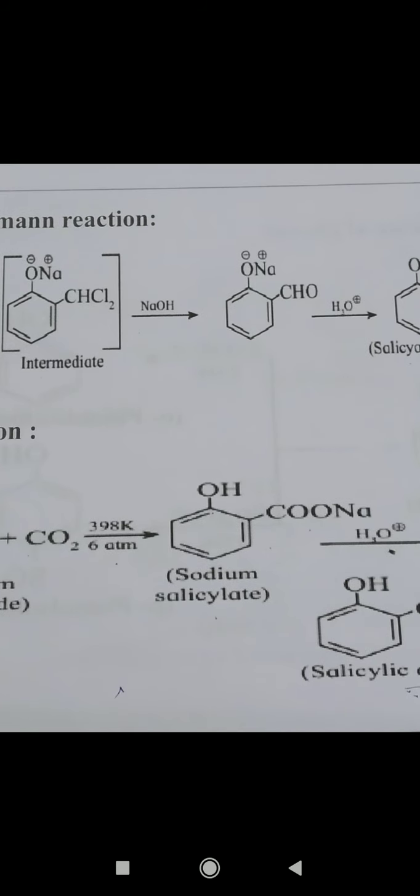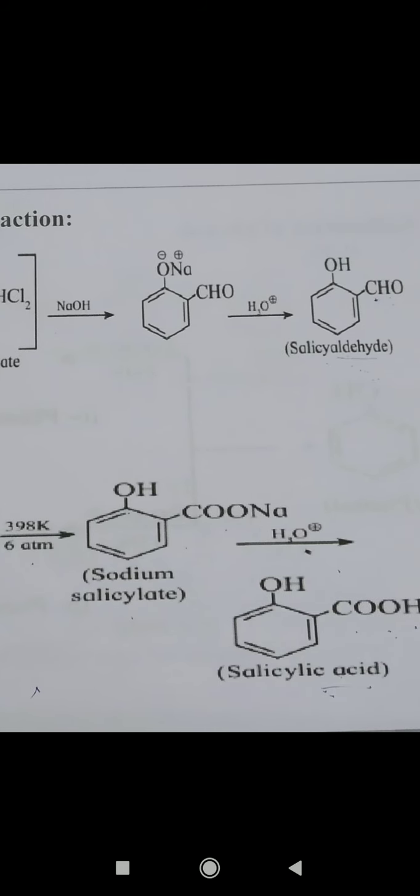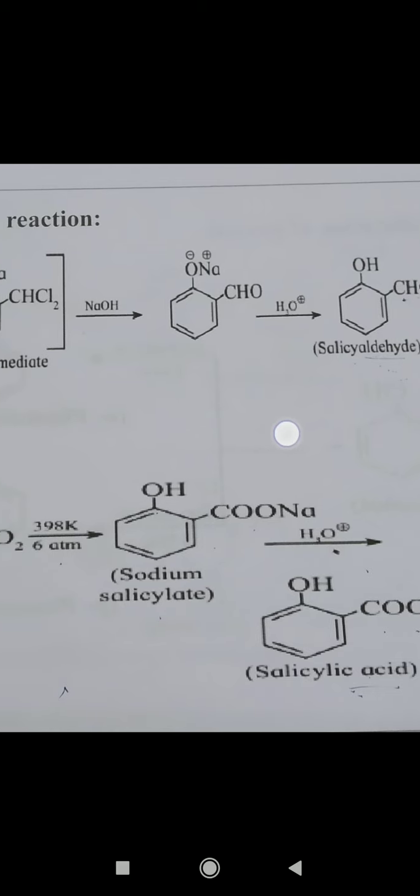Then it again reacts with NaOH to form one more product having a benzene ring with an ONa group and, at the ortho position, an aldehyde CHO group, and hydrolysis of that gives salicylaldehyde, that is, the phenol with a CHO group attached at the ortho position. That is the Reimer-Tiemann reaction.